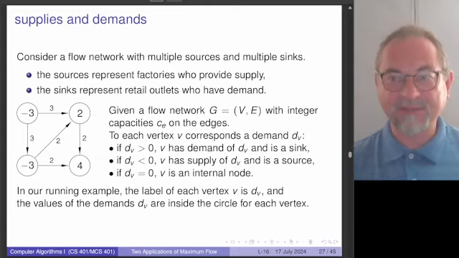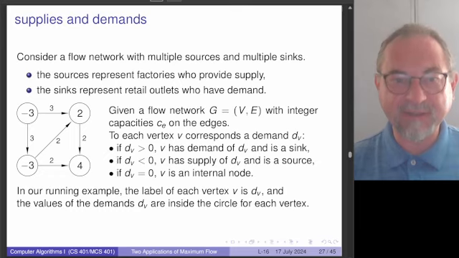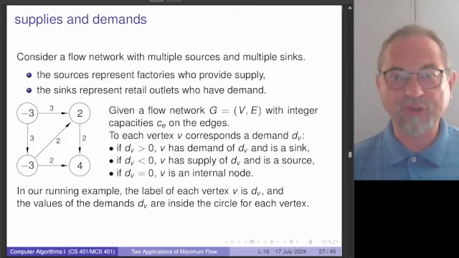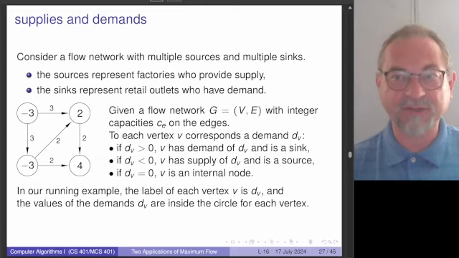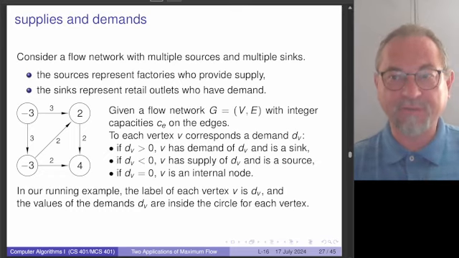We can still think of bipartite graphs as in the first part, but this does not necessarily need to be the case. We can have sinks, sources, but also intermediate nodes, places that have neither supply nor demand, but which serve as warehouses.